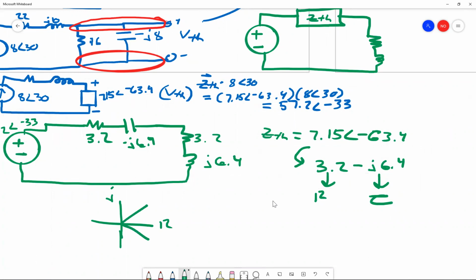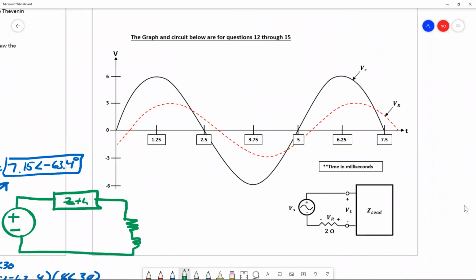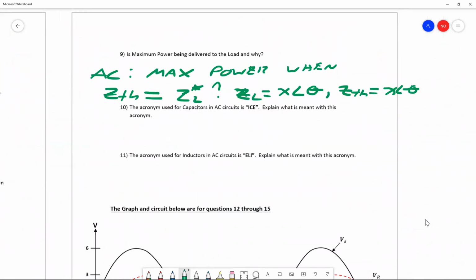If you put these in your calculator, you'll see that they're entirely opposite. This number right here, -63, becomes 7.15 at positive 63.4. So they are the exact opposite, in terms of angles anyway, which means that yes, we do have maximum power being delivered to the load.